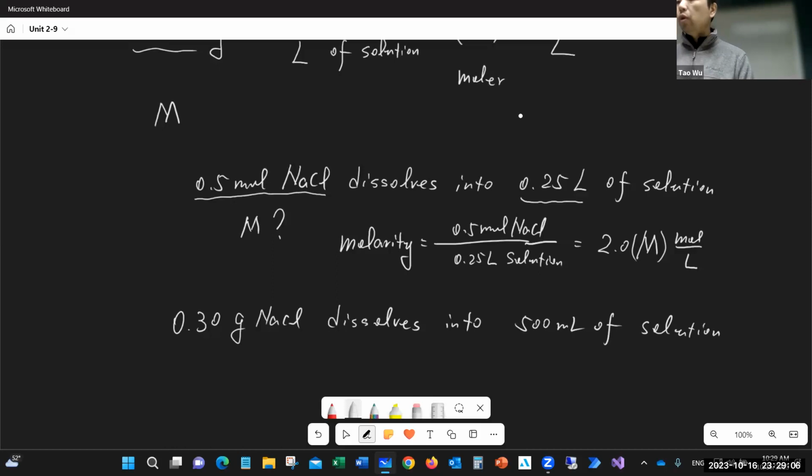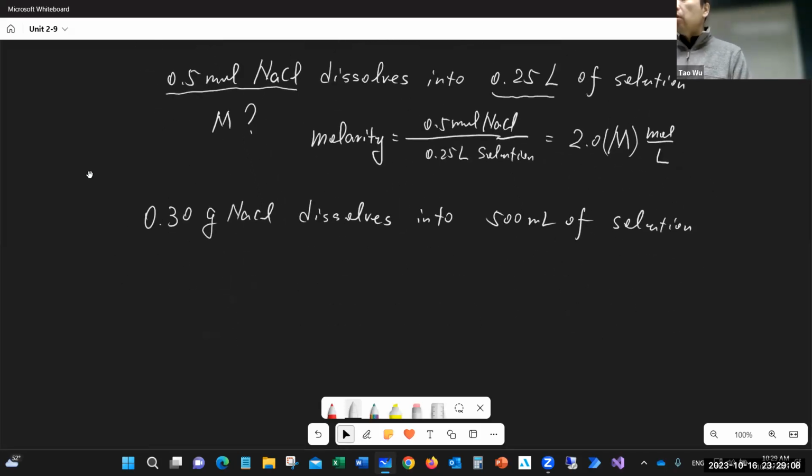So in this case, you need to convert that to the mole first, and then you divide by volume, which is liter of the solution, okay? Mole over liter. So this is milliliter. First thing, convert that to liter, and this is 0.5 liter.